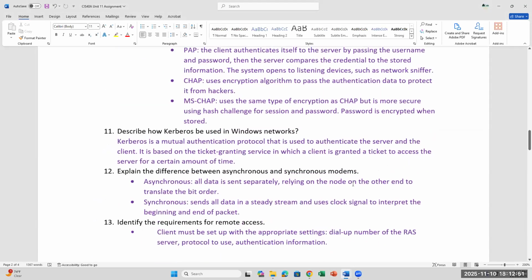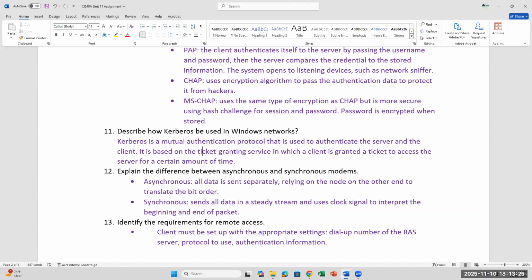Okay, so let's talk about synchronous and asynchronous. We want to make sure we know how these terms are defined for modems. If you're using DSL, and I know people still use DSL in some areas, if you live in a rural area, even if you are rich and willing to pay, you might be able to pay engineers to come out and dig a fiber line and connect it for your neighborhood or for your mansion.